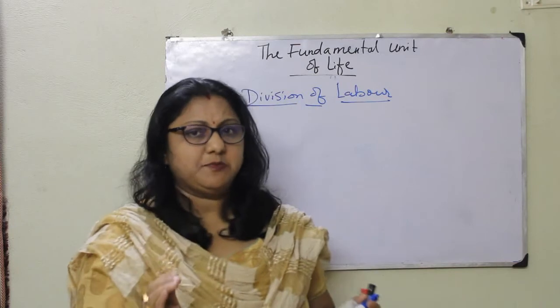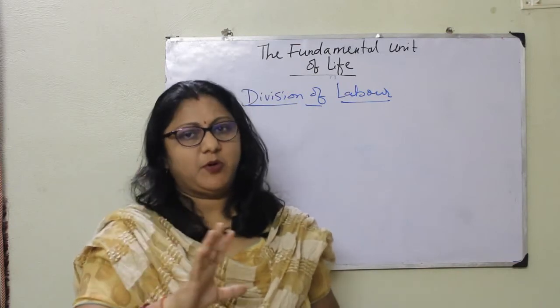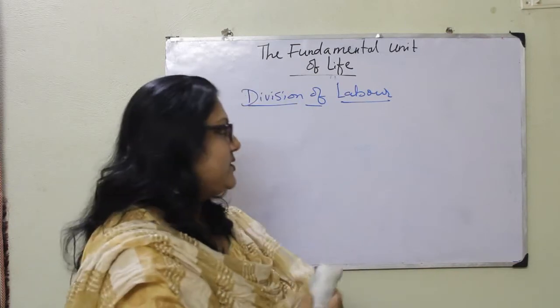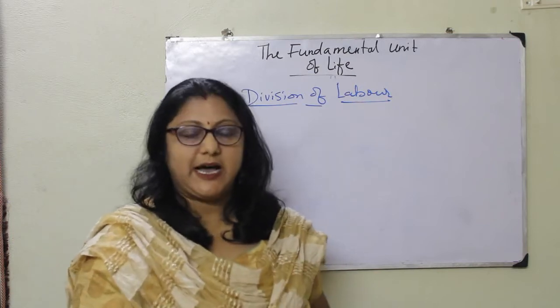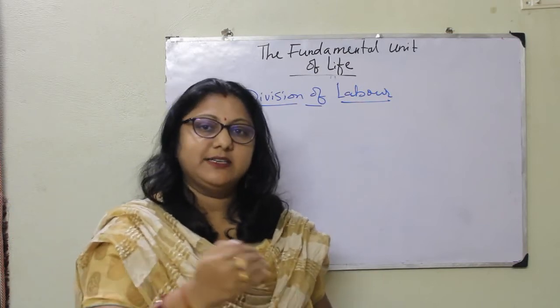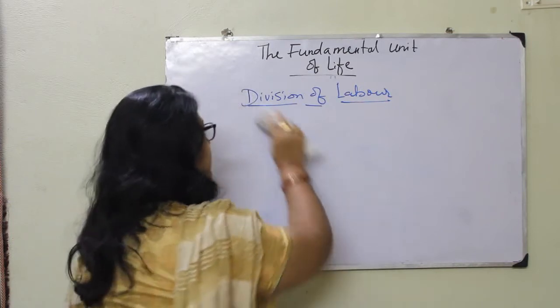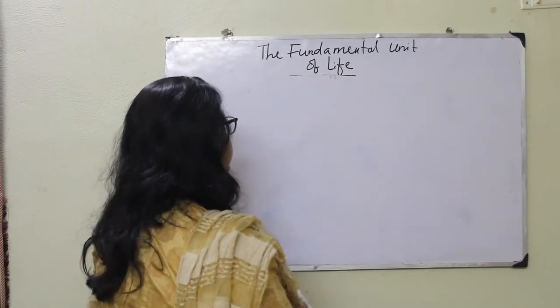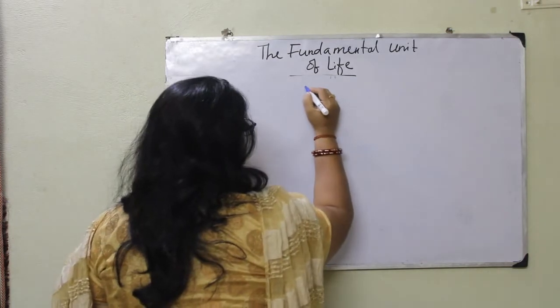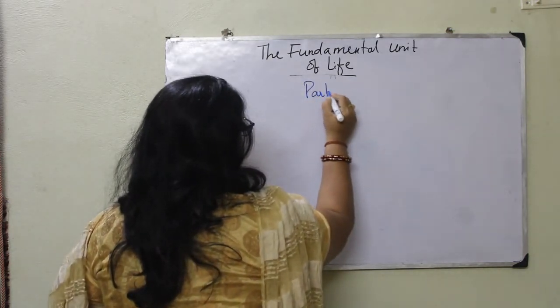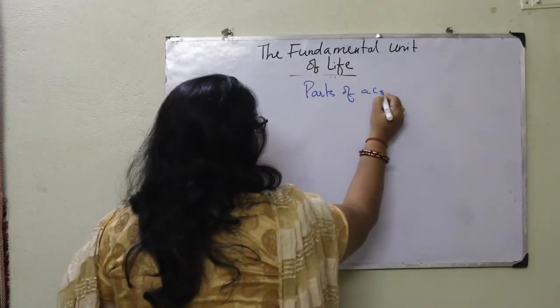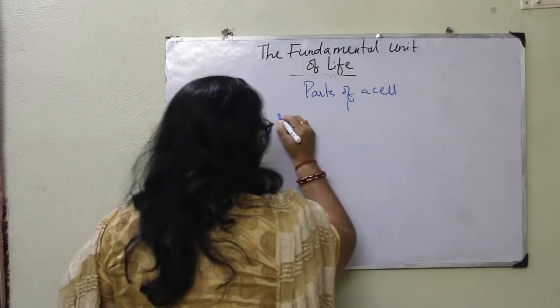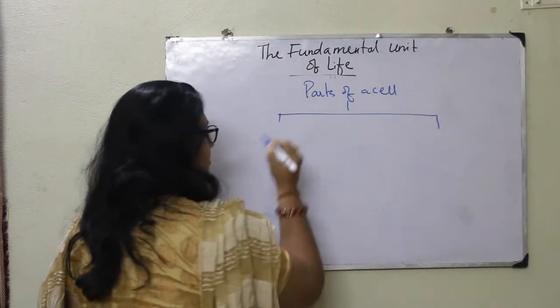Now we have a small idea, a brief idea about the cell. Now let us go a little bit deeper into that and see what are the different parts of a cell. So we will do the parts of a cell. Okay, the cell has three major portions.